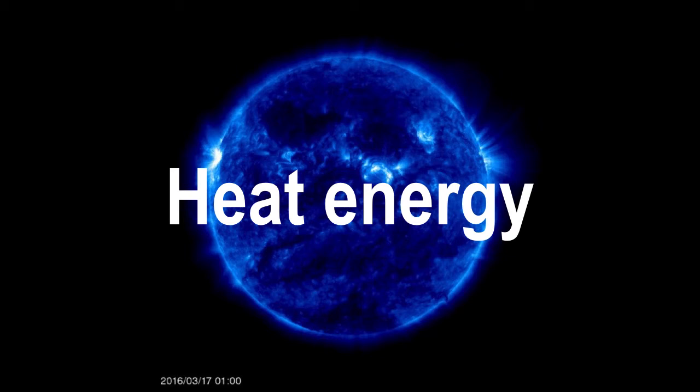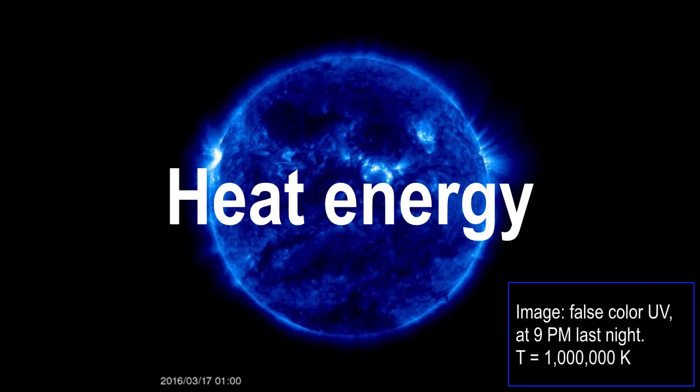Okay. This is a particularly famous image of the Sun, or images like this are famous. They're taken from space by a spacecraft called SOHO. This one is an ultraviolet image, so it's not something that you could see with your eye, but they have ultraviolet cameras.